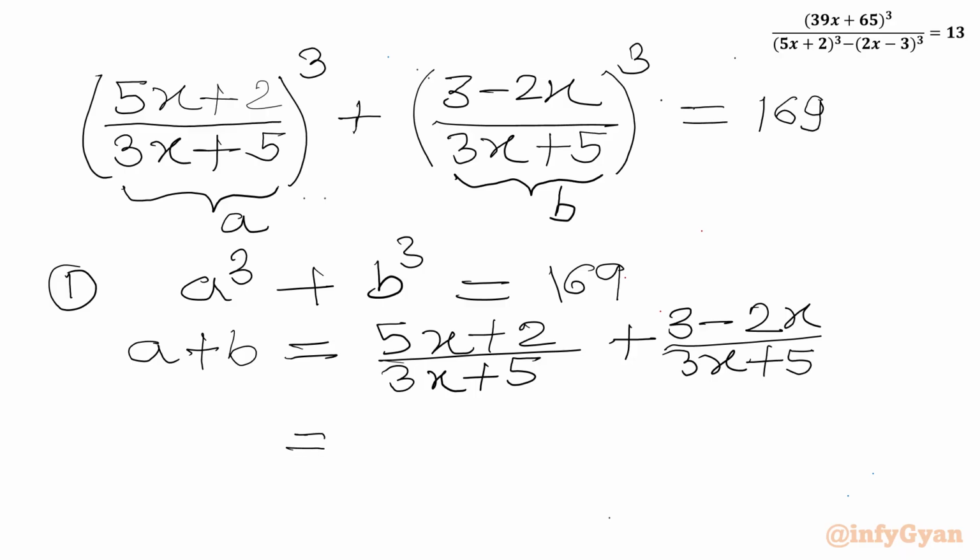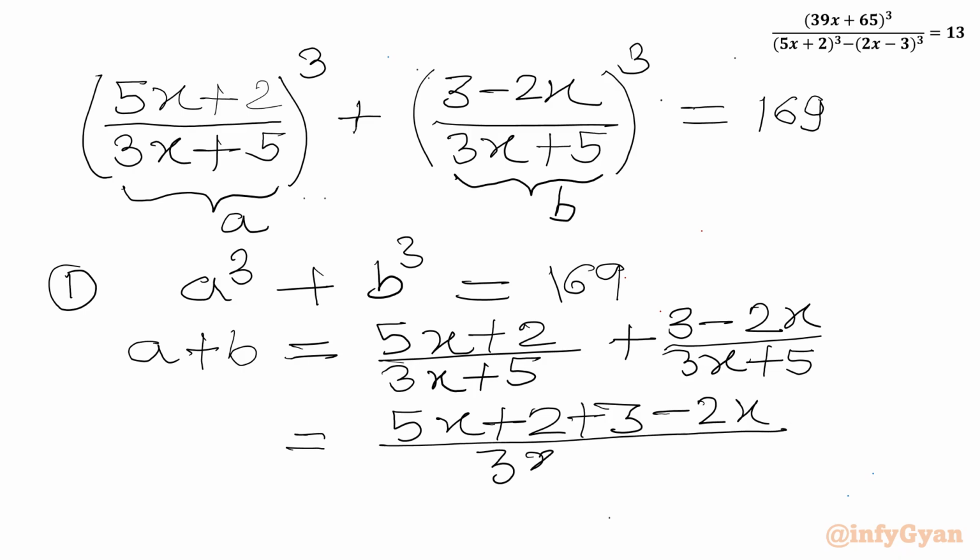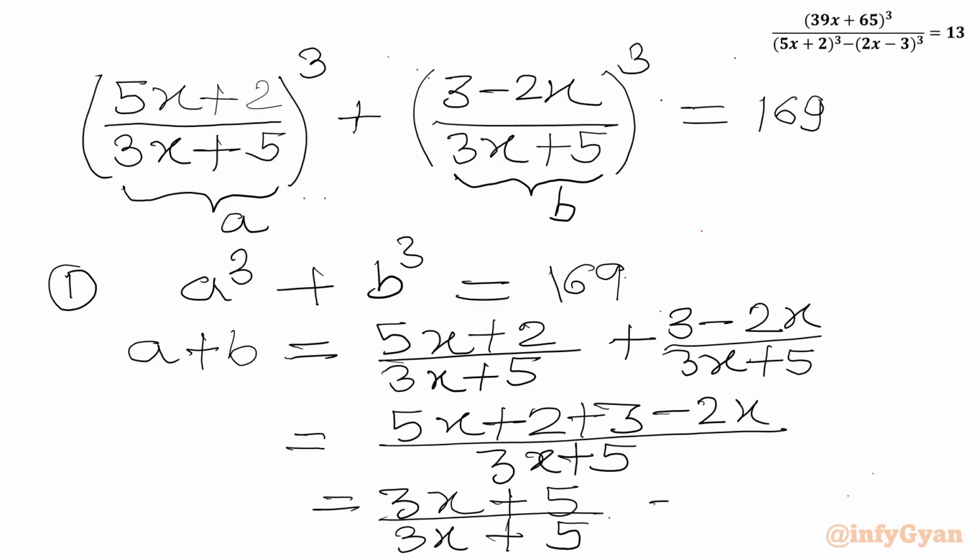Denominator is same. We can simply add the numerators. We will write 5x plus 2 plus 3 minus 2x over 3x plus 5. So 5x minus 2x is 3x. 2 plus 3 is 5. And denominator is also 3x plus 5. So we are getting A plus B equal to 1.